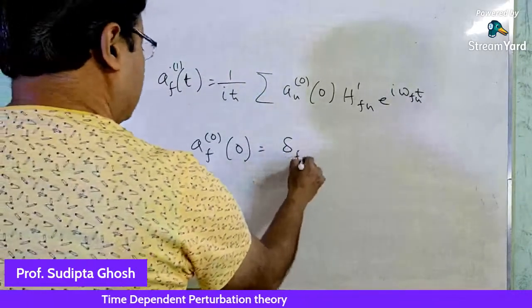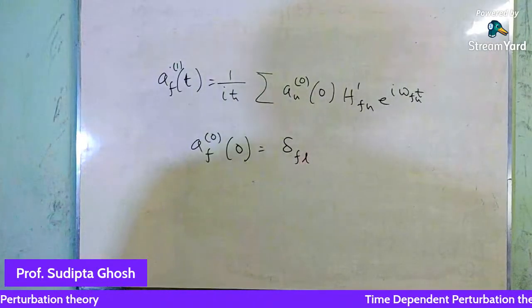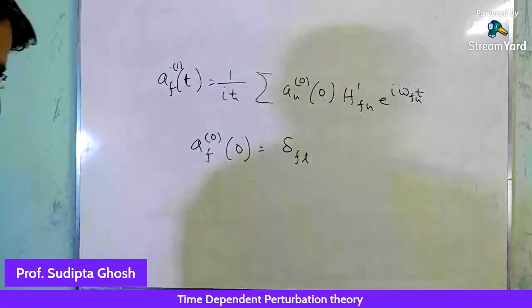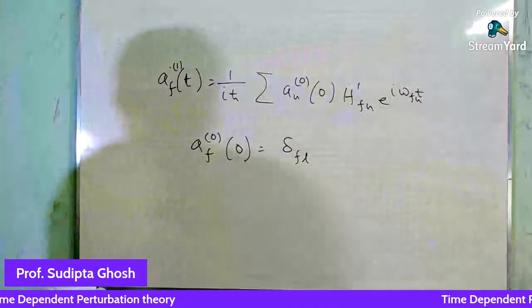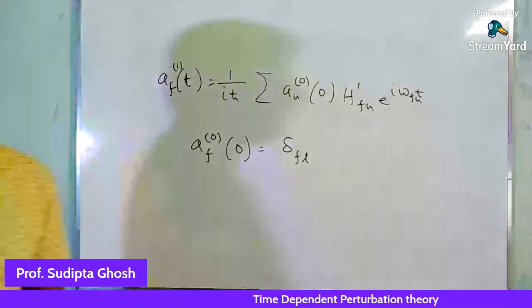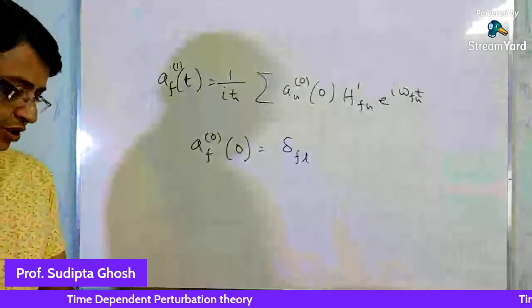that is a_f(0) equals delta_fL, say L. So if L not equals f, it means a_f(0) equals 0, as the system is in the state phi_L0 at t equals 0.